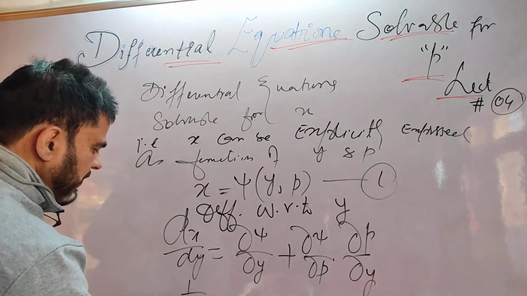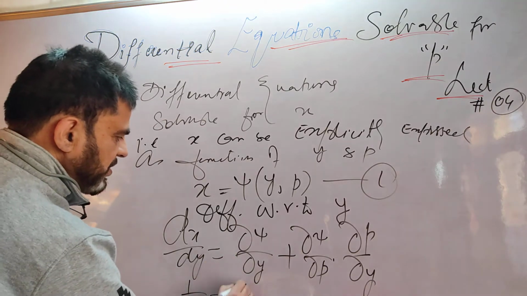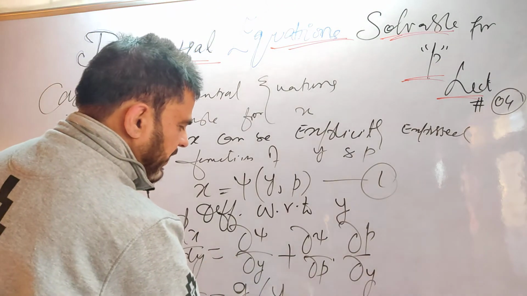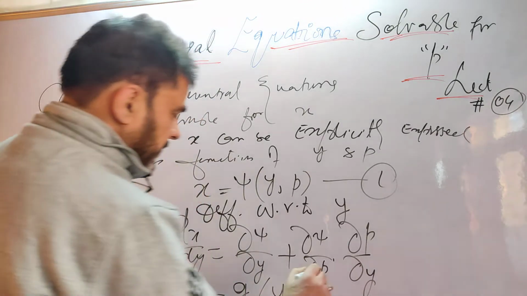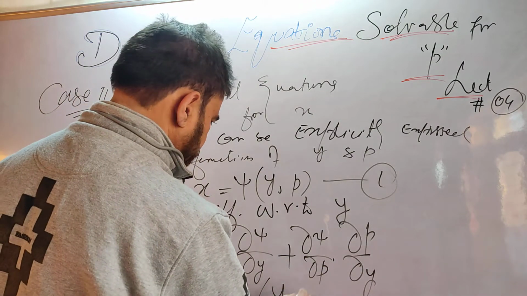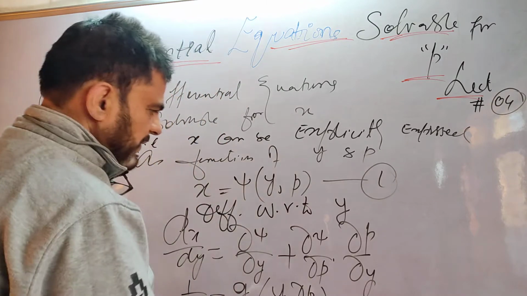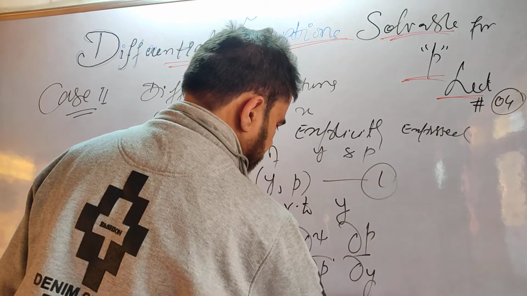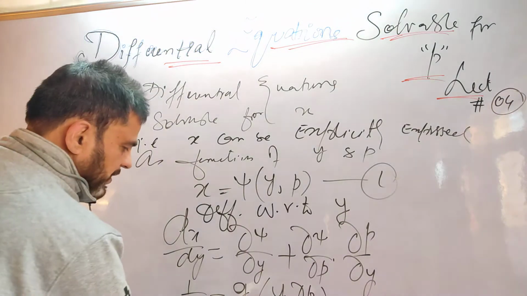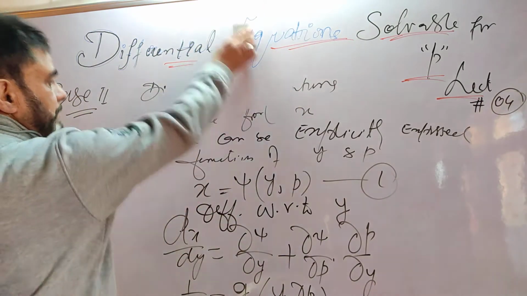This will be 1 by p, which will be some function of, say, g of y and p, and dou p by dou y. It will be like this. This is the second equation. Then what we do is we solve this equation.